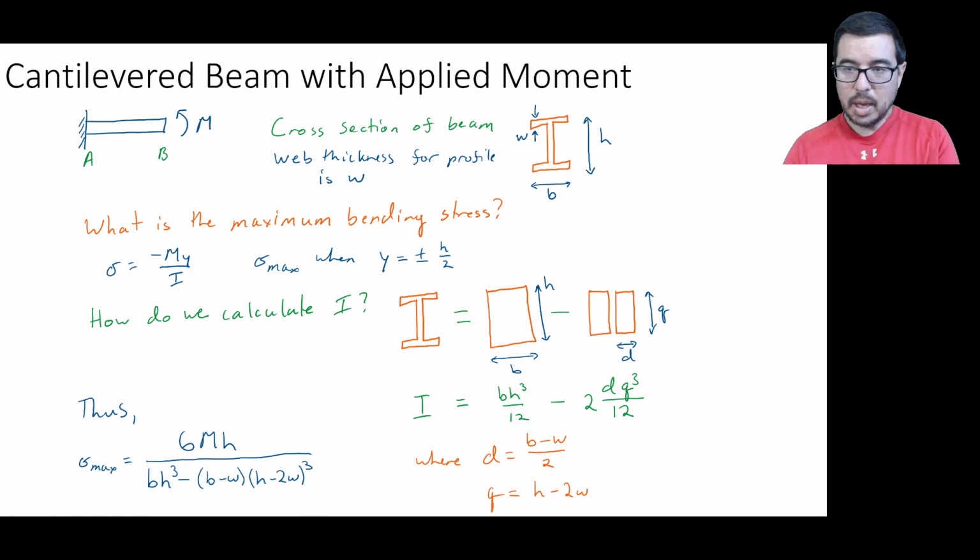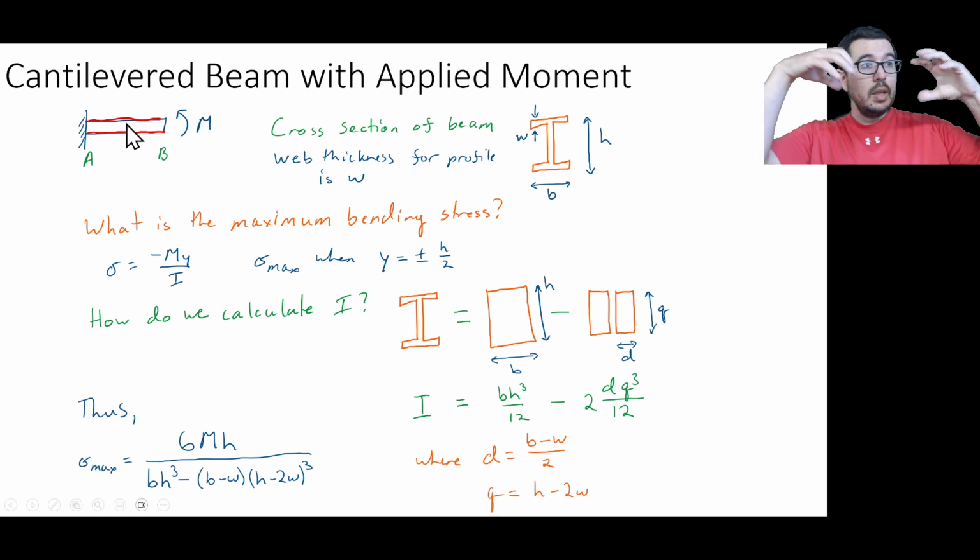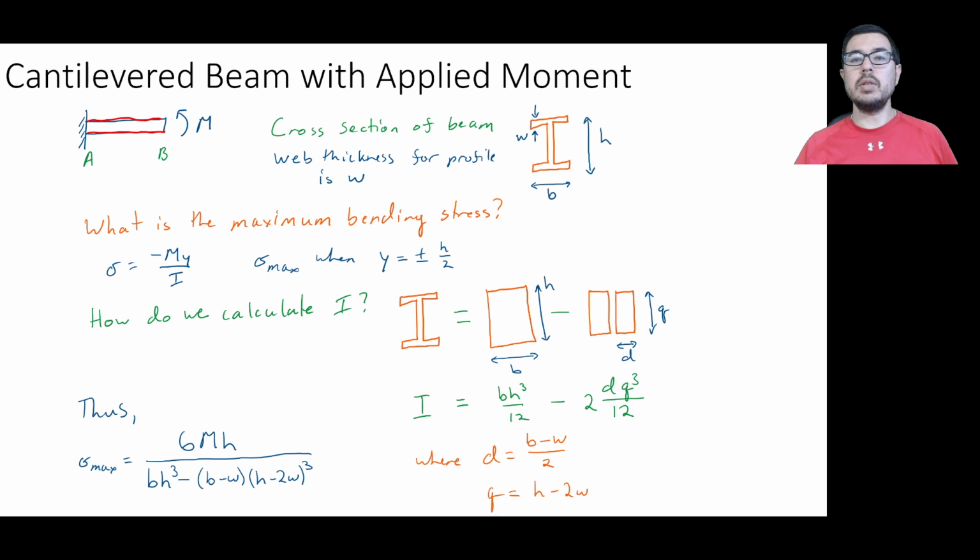In this case, the maximum bending stress would be anywhere along the top or the bottom of the beam. The top is going to be in compression, and the bottom is going to be in tension. This is not at a specified location like we had in the last problem, because the beam bending moment is constant along the length of the beam.